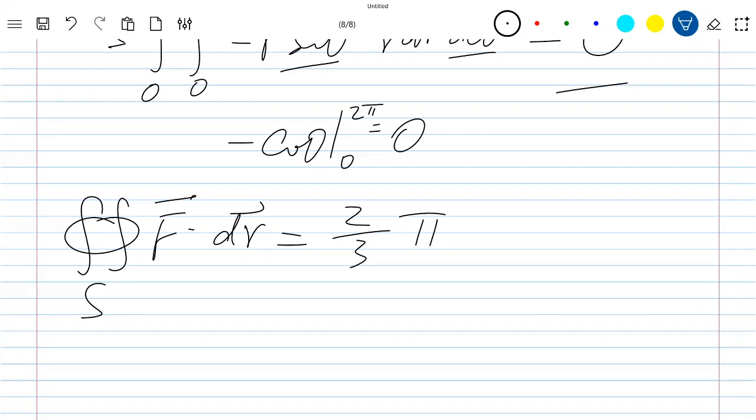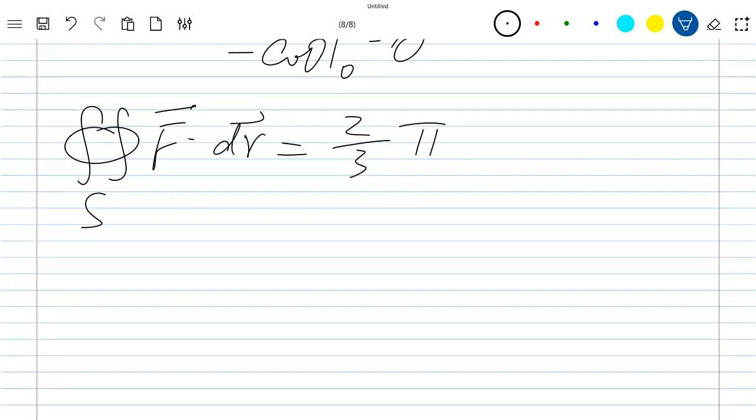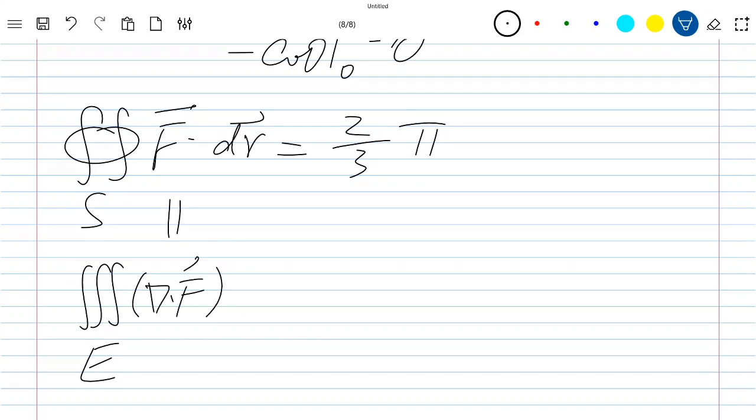Okay, all right. And just to make it more interesting, there is something called the divergence theorem, which says this quantity is the same as the triple integral of the divergence of F integrated over this domain. So what is the divergence?